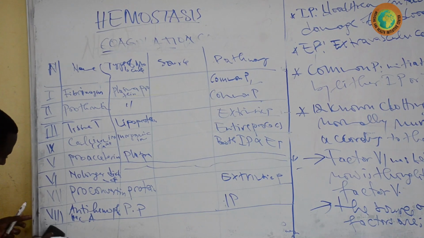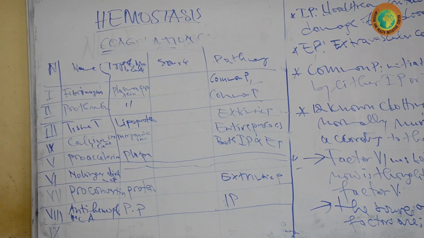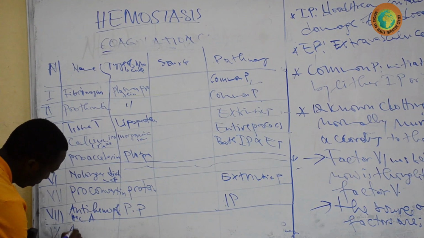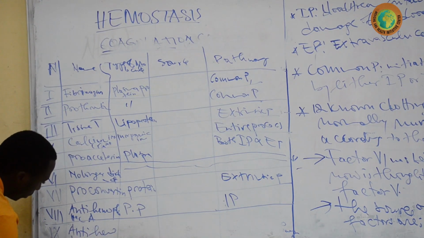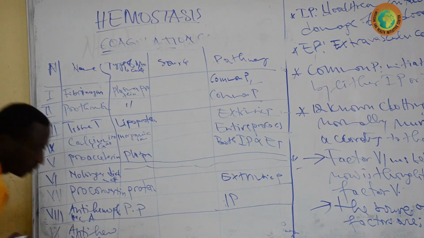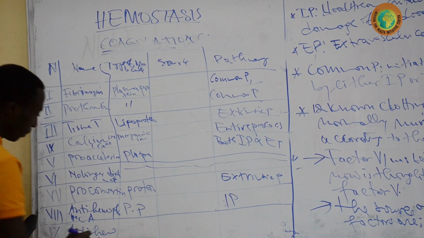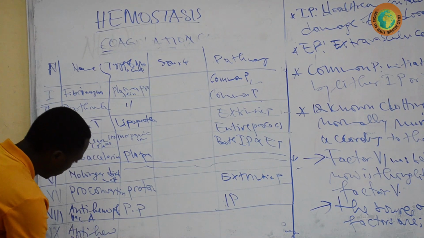Factor 9 is anti-hemophilic B, or plasma thromboplastin component.